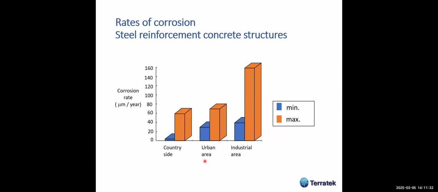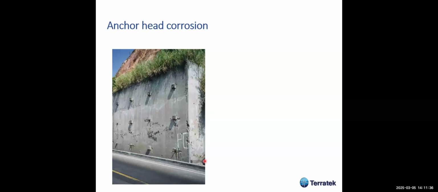Also, when we are very close to the seaside, you have to address this carefully, like this tieback wall. This was very close to the seaside, about 30 to 40 meters maximum from the shore. And of course, there might be some salt spray.